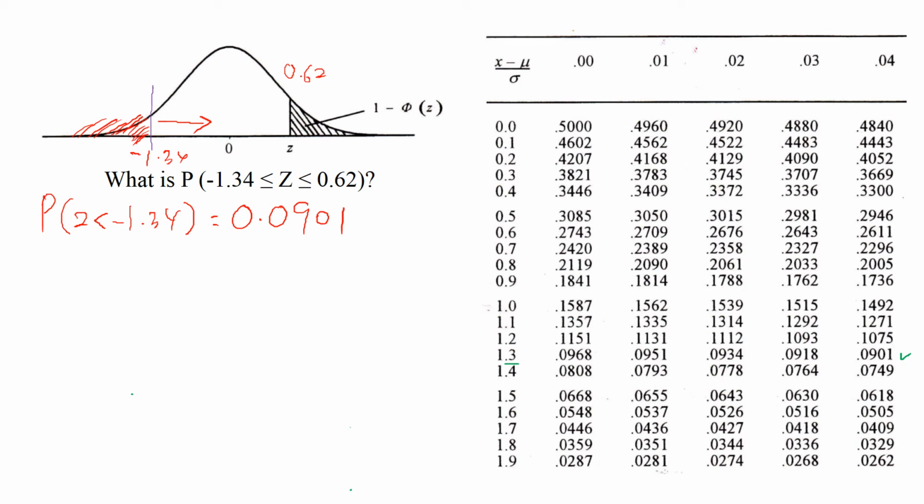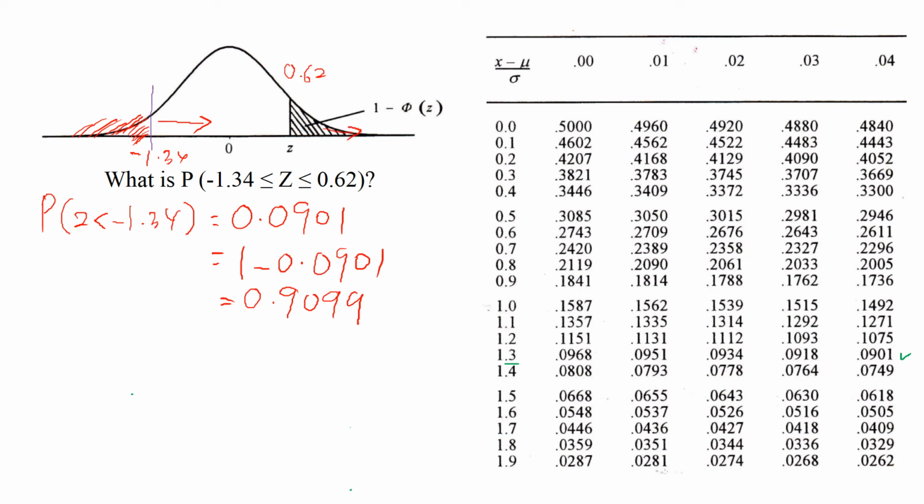This value only gives the left side, so the probability of the right side will be 1 minus 0.0901, which equals 0.9099. This probability represents the whole area until the end of the tail.